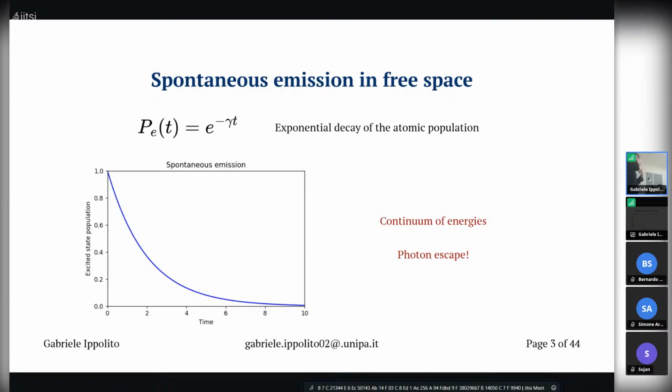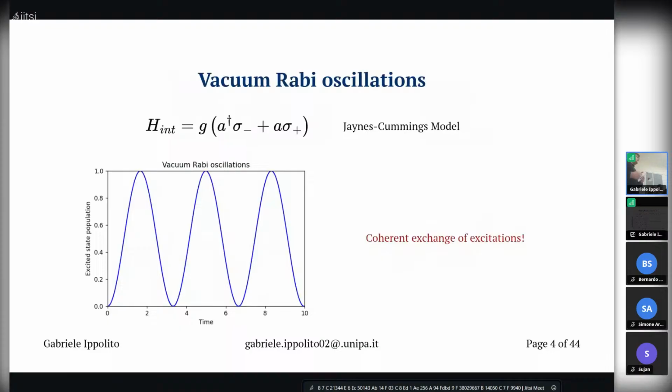It is not confined. While if we are inside a cavity QED setup, and we describe the light matter interaction via the well-known Jaynes-Cummings model, we know that the photon is trapped, is confined inside a cavity. So if the atom is initially prepared in the excited state, it emits one photon, then the photon is, after a finite time, reabsorbed by the atom.